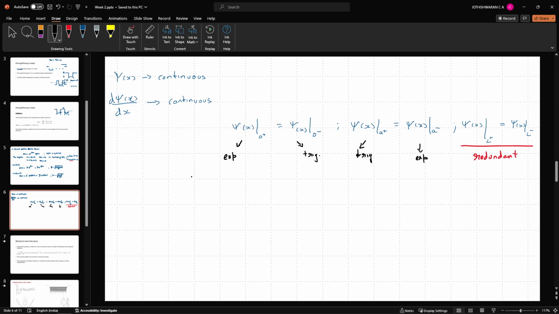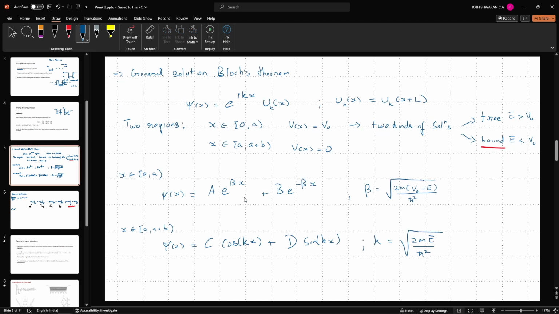So in 0 plus, if I substitute x equal to 0, we will have a plus b. Let me just change the color. So this is the 0 plus 0 minus domain. If we go back and look at the function here, it is the exponential.